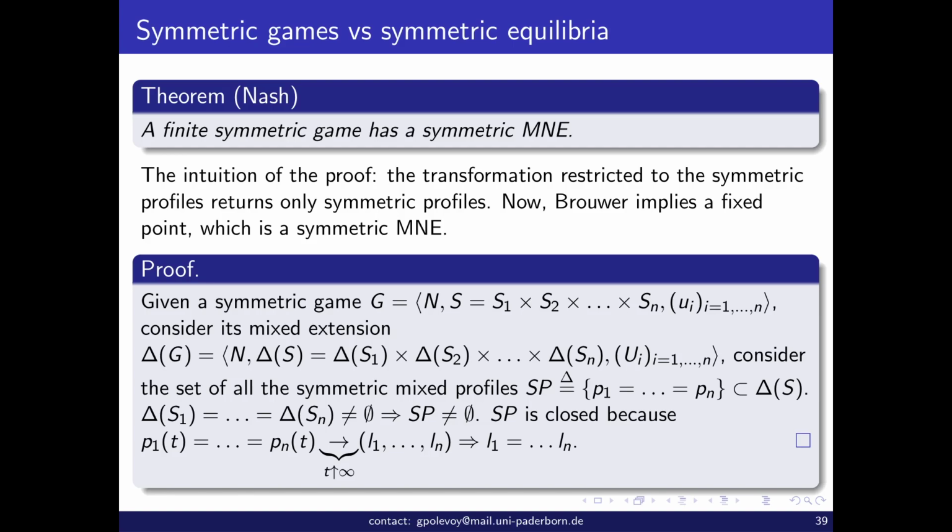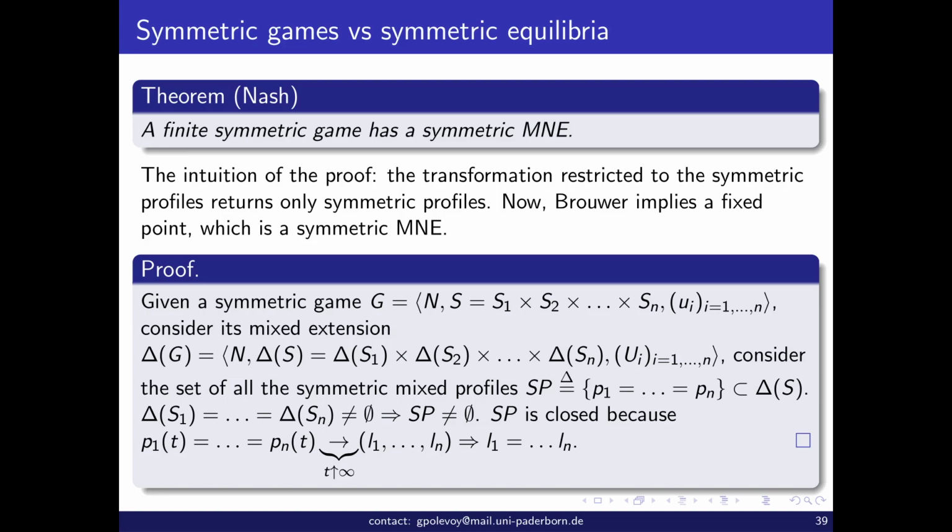So consider the set of all the symmetric mixed profiles, all the profiles in the mixed extension which are symmetric, so P1 equals P2 equals Pn. It is a subset of the mixed profiles, and since the sets of mixed strategies are not empty, this subset is also not empty. It's also closed.